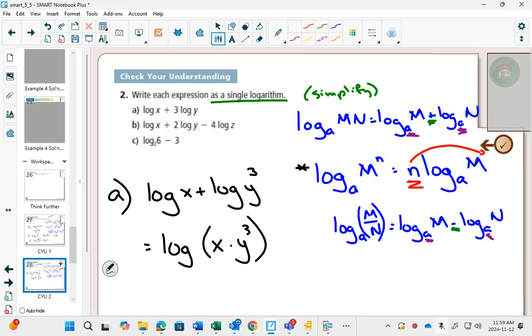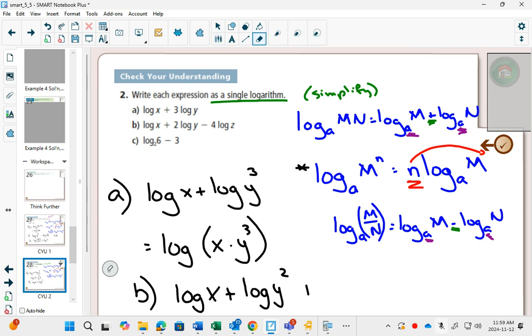Get those numbers out of being in front. So same thing in B. As a first step, I'm going to use that second log law, and I can put that 2 that was in front as a square, and that 4 that was in front in as an exponent 4 there.